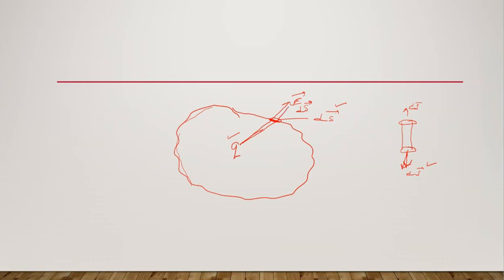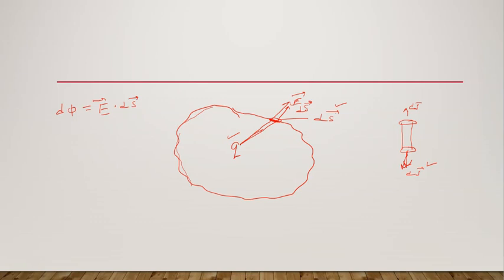The small amount of flux passing through this area element will be E dot ds.